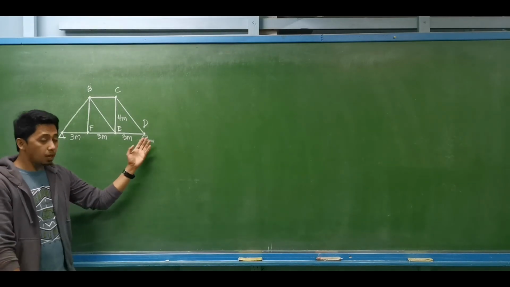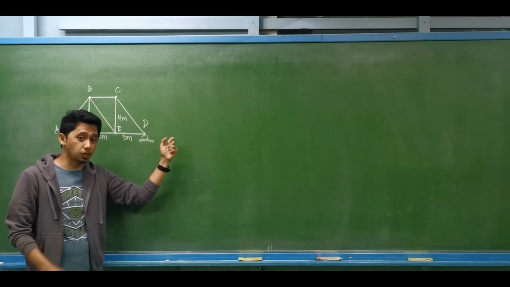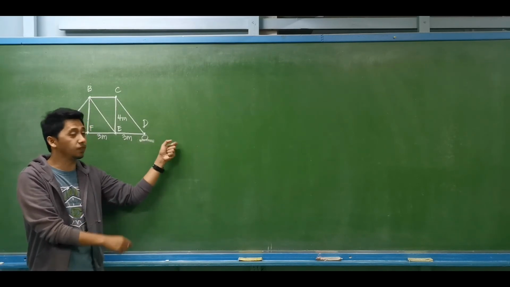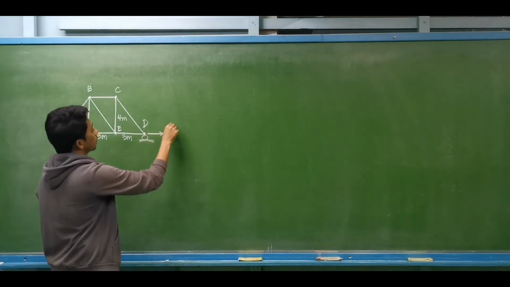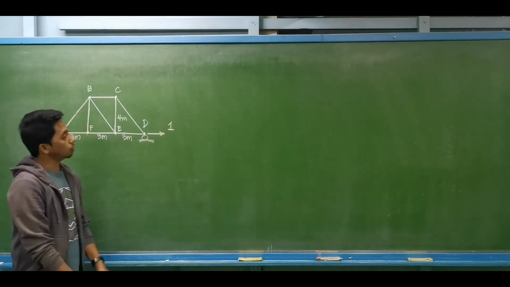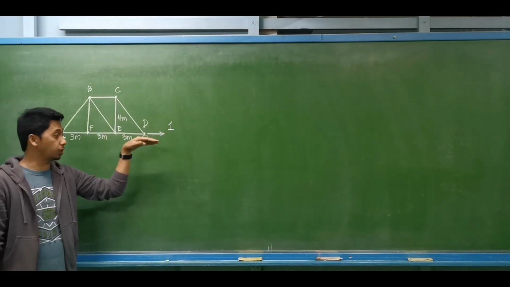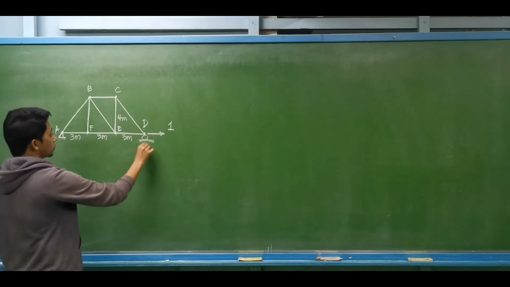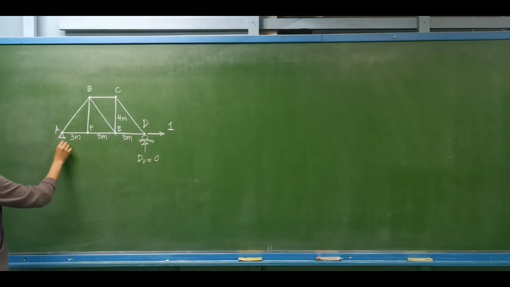Initially, we remove the horizontal reaction at D, that is the DH, the chosen redundant, and replace it with a 1 unit load. If the direction of this 1 unit load is horizontal, that only means that we don't have a vertical reaction. D vertical is 0, and the same as A vertical, which is also equal to 0.